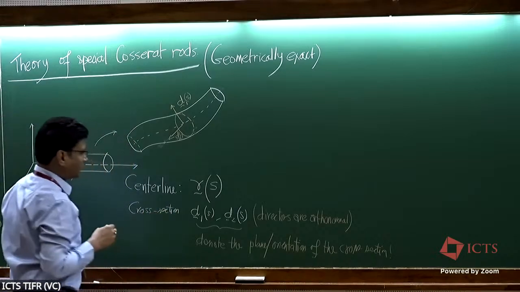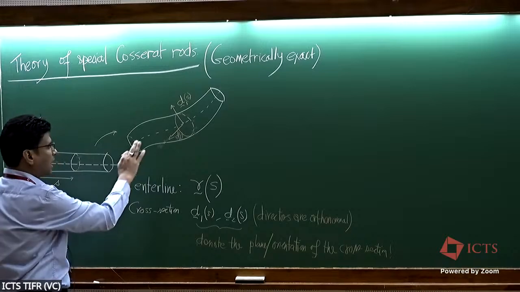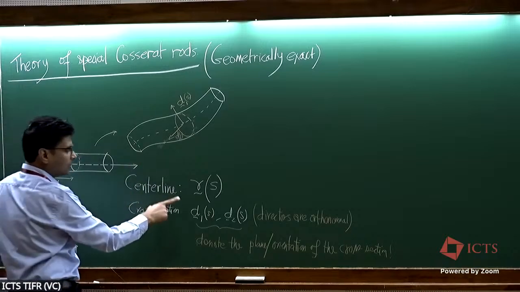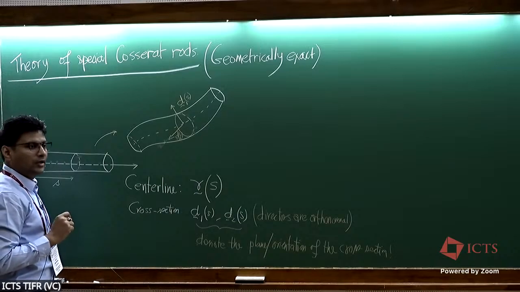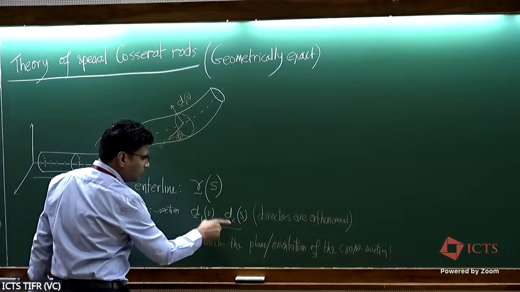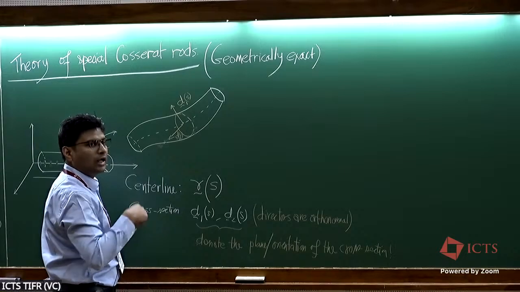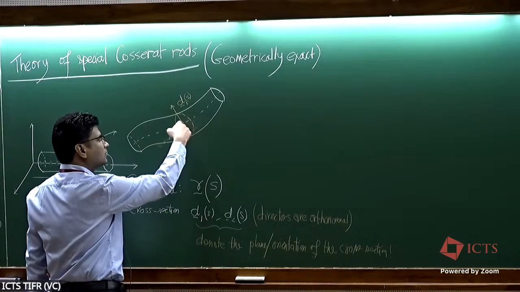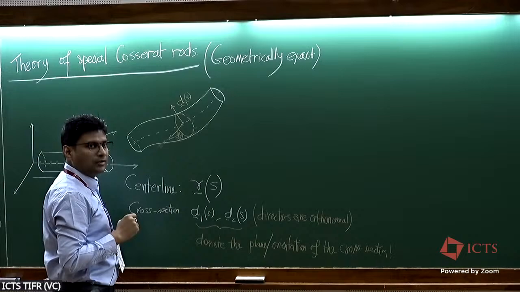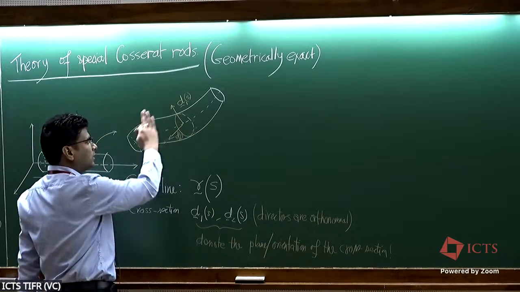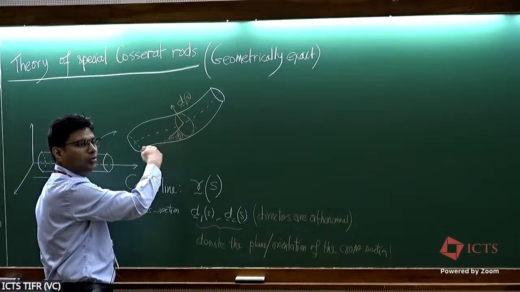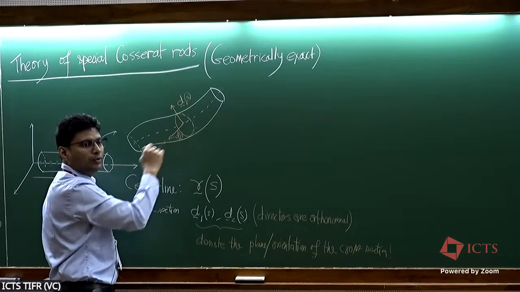So we have these kinematics: small r, and the two directors, which have to be orthonormal. And once you have D1, D2, you can also construct the third vector perpendicular to these two. Because D1, D2 signify the orientation, D3 automatically signifies the normal to the cross-section.